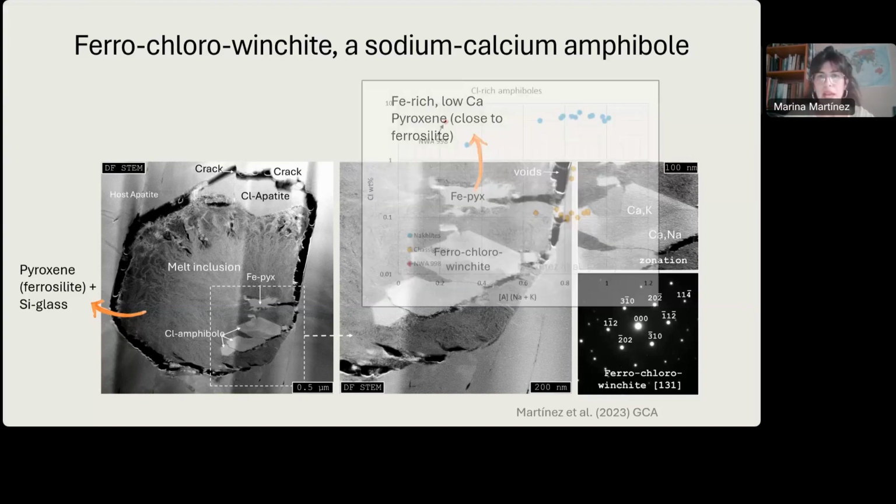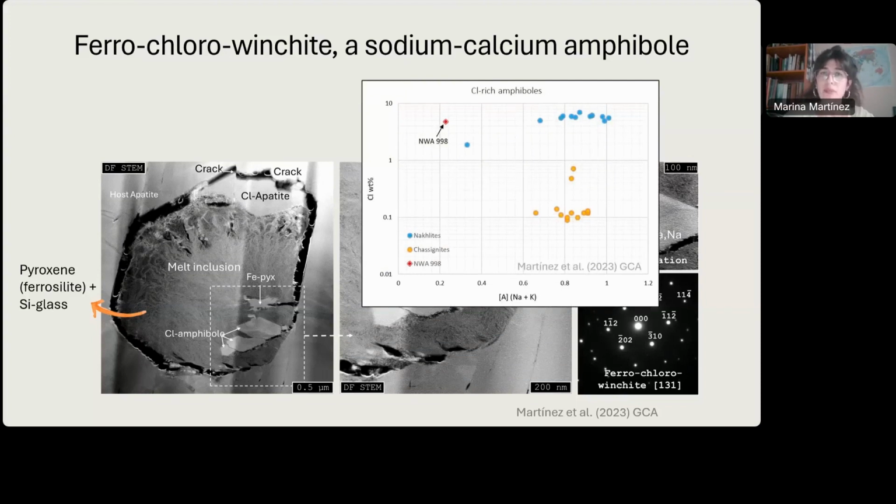symplectite. If we place the amphibole in a chlorine weight percent versus A site plot, comparing with other chassignites and nakhlites, we see it's consistent with other nakhlites, but it has the lowest A site, though the chlorine content is similar.